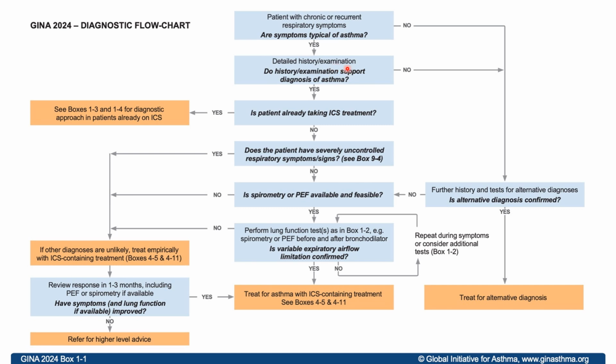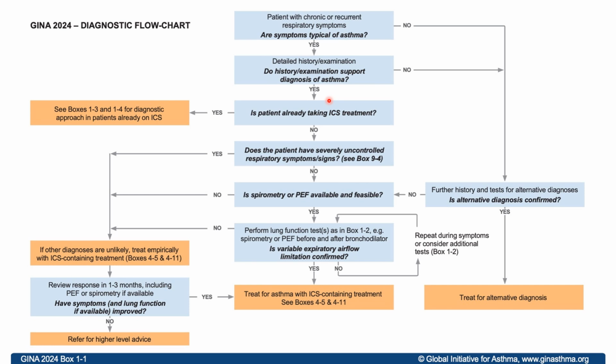In terms of detailed history, you take a drug history: have they taken NSAIDs? Are they on beta blockers? In terms of allergens, because asthma is a disease that has triggers, for example allergens, among other factors. Do we have atopy? I have a video on asthma, so you can go and check more on that, what you'll ask in your history. So yes, the history is suggestive of asthma.